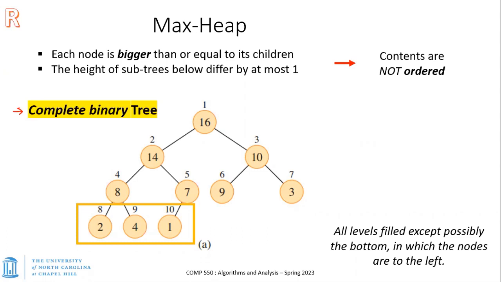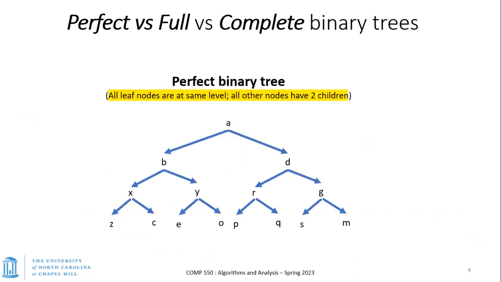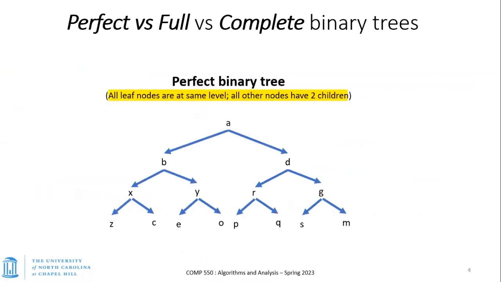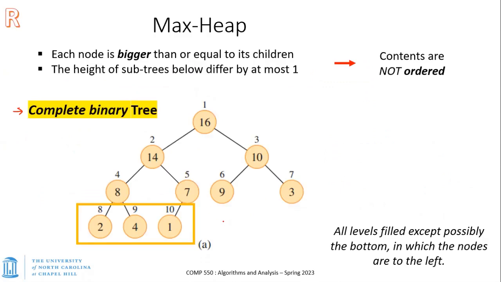So why use a complete binary tree to represent a heap? Clearly you can't use a perfect binary tree, but why not a full binary tree? Or maybe one which is not a complete binary tree, but perhaps these nodes are not shifted all the way to the left. Why do they have to be shifted to the left?